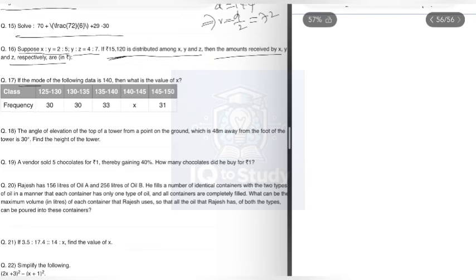The mode of the following data is 140, then what is the value of x?